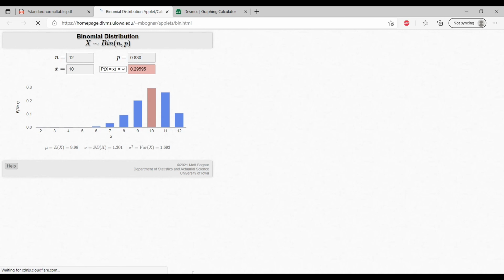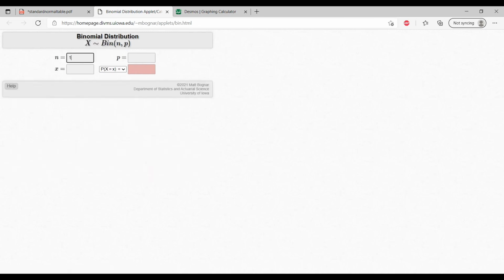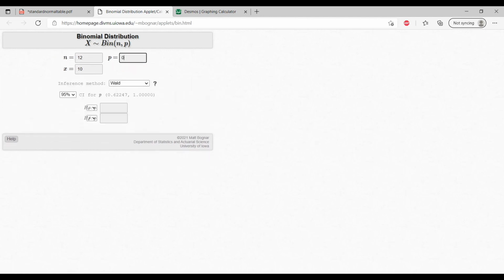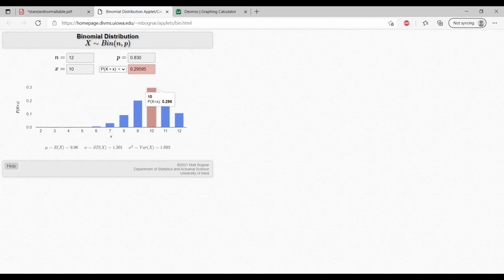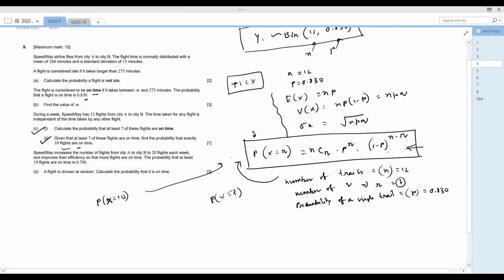The number of cases is 12, x is equal to 10, the number of trials is 10, and the probability is 0.830. So this is the probability, and as you can see, it is 0.296 at 10, and all others are decreasing. So you need to calculate all this before you need the actual value. You can calculate that from a calculator, so that's why I'm leaving that part.